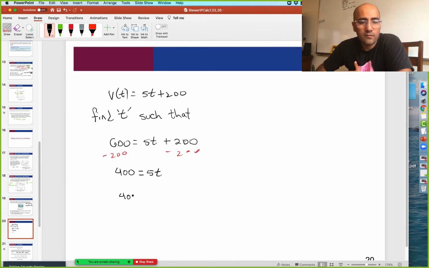We get 400 divided by 5 equals t, and that's because this divided by 5, this divided by 5, these guys cancel. Good. So t equals 80.